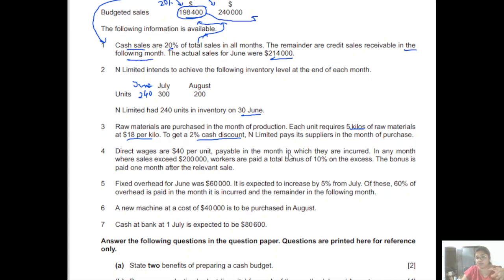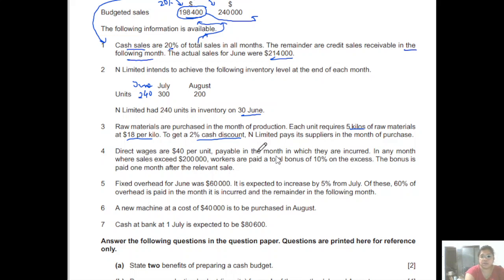Here is no twist. Sometimes in questions we find that after purchasing all the raw material, 50% is paid in the following month, but in this case it's simple. Whatever you have to supply, you supply in that month only.